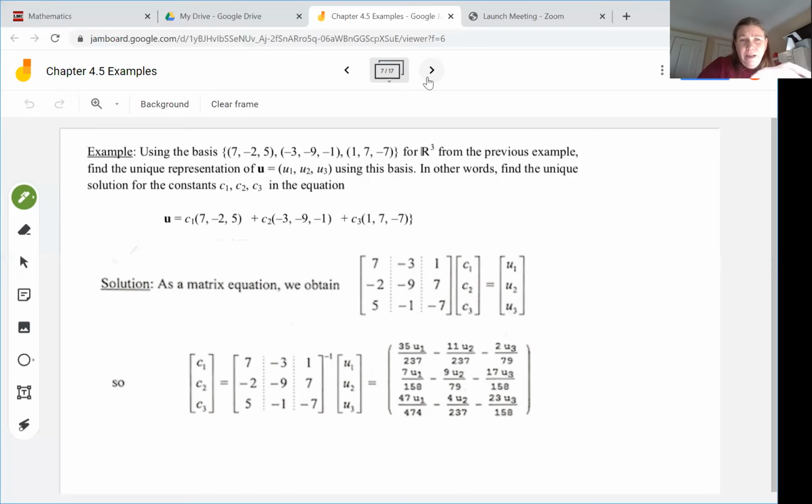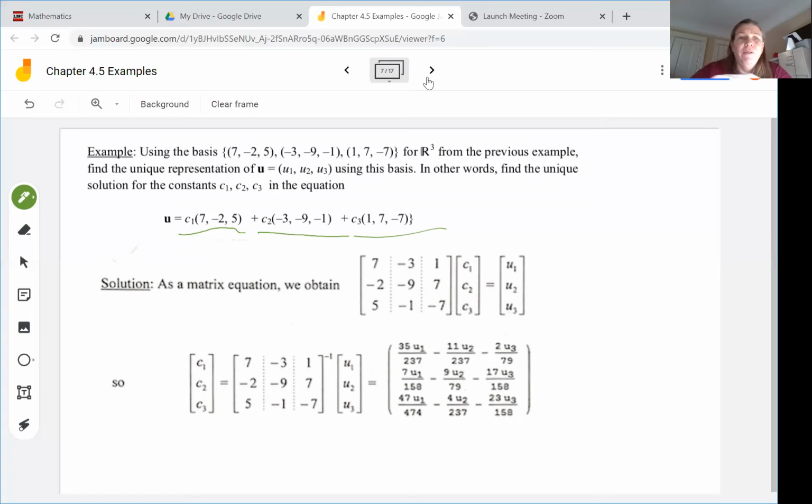So here is u. It is going to be represented as constant c1 multiplied by the first part of this basis, (7, -2, 5), then c2 multiplied by the second part of the basis, (-3, -9, 1), and c3, the scalar constant, multiplied by the third part of the basis, (1, 7, -7). So we can translate this into a matrix.